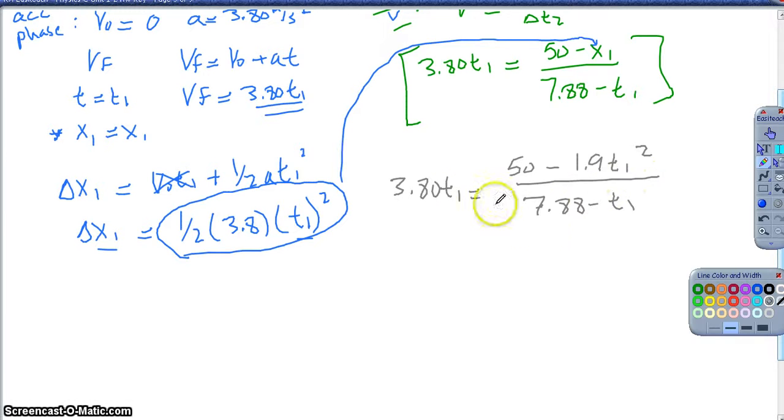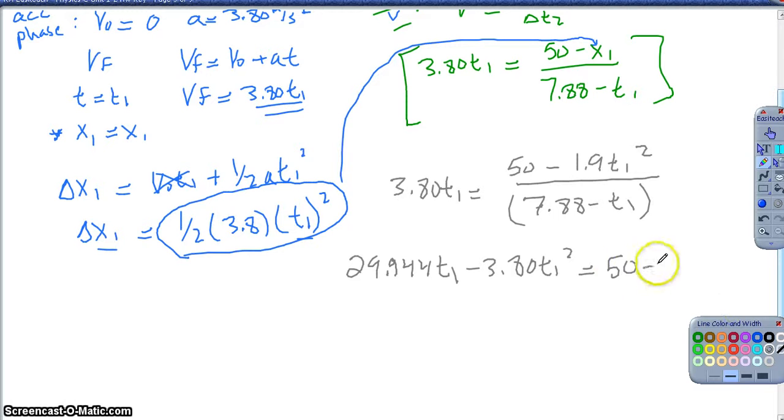I need to solve for t1, so I'm just going to multiply both sides by the denominator, 7.88 minus t1. So when I do that, 7.88 times 3.8 gives me 29.944 t1, and then obviously I get a negative 3.8 t1 squared equals 50 minus 1.9 t1 squared.